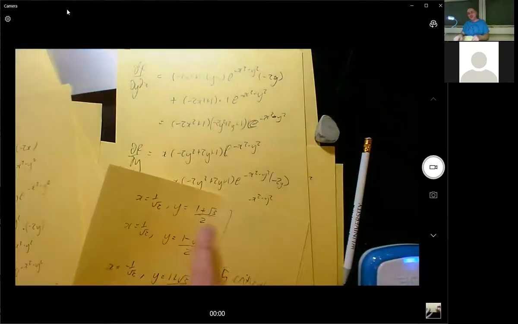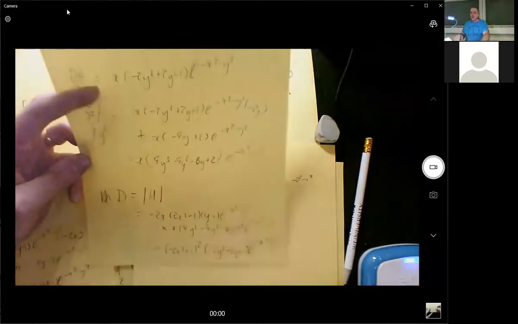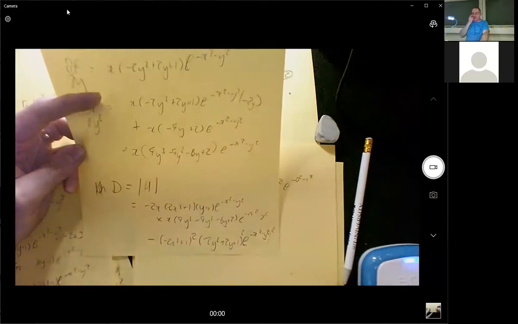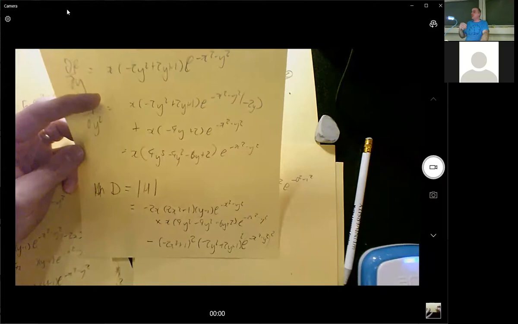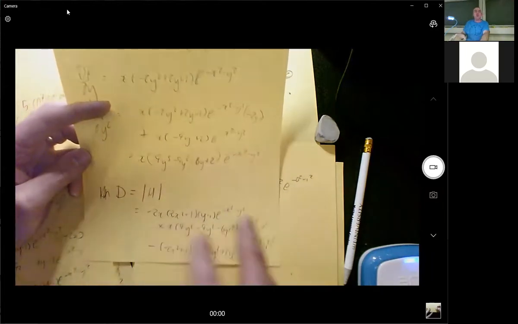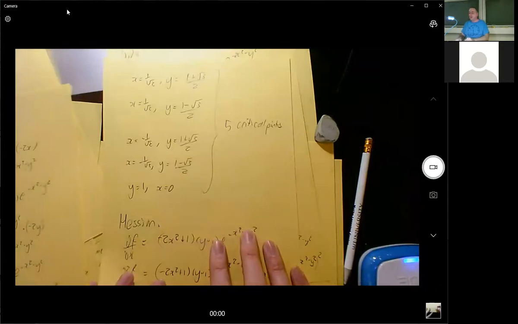Whereas if I subbed in one of these points, I really must get a good example for this one year. One of these points, it would have come out to be a positive number in the end. And another one, it comes out to be negative. They would have come out to both be positive, and then I would have to go back and check what this comes out to. So let's just check something.